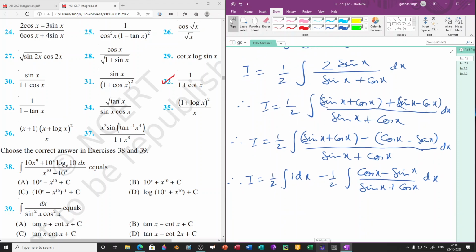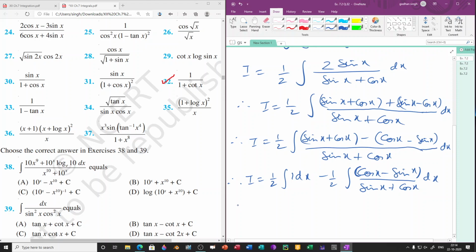Now we can see that we have already discussed that the differentiation of sin x is cos x and of cos x is minus sin x. So this is of the form, suppose we take this as t, then this will become dt by t, and we know the integration of dt by t is log t.